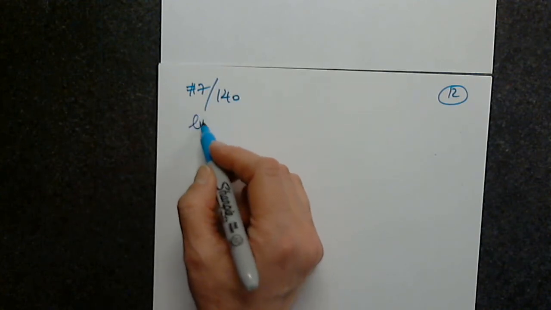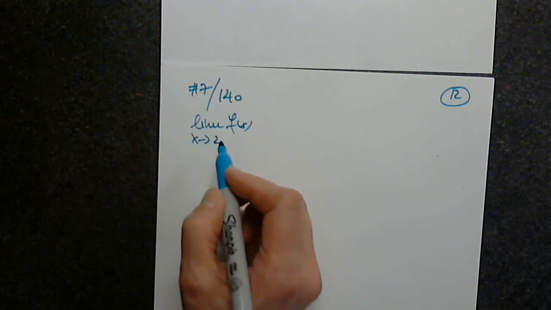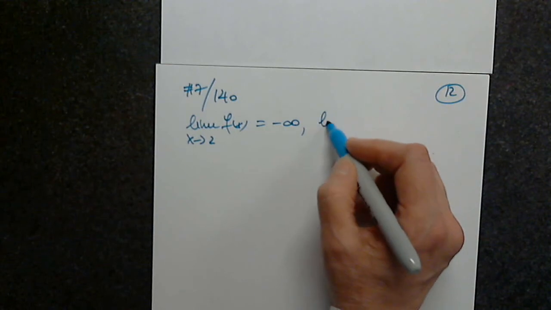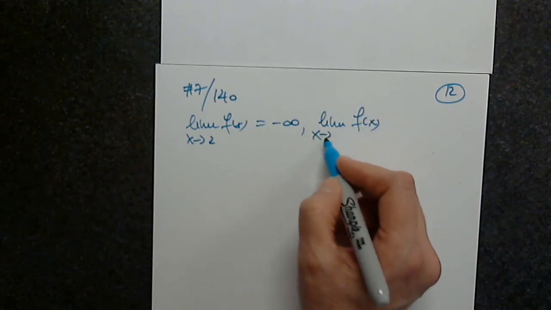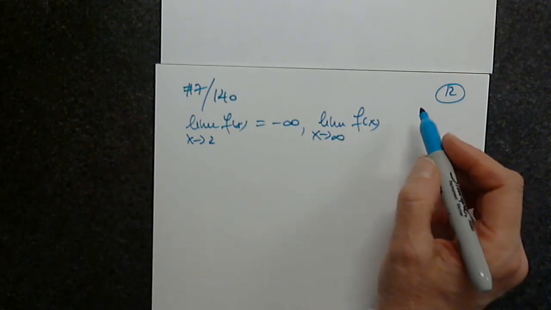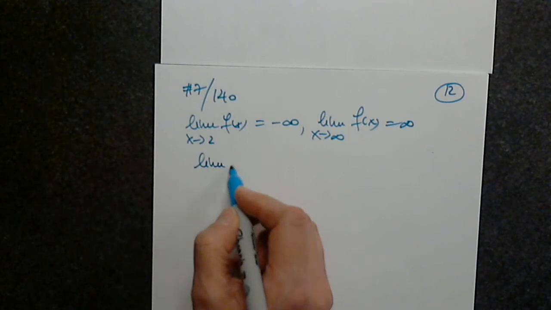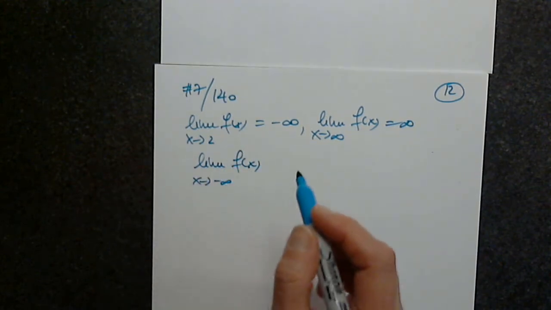So limit of f of x as x approaches 2 from either side is negative infinity. Limit of f of x as x approaches infinity is infinity. Limit of f of x as x approaches negative infinity is 0.